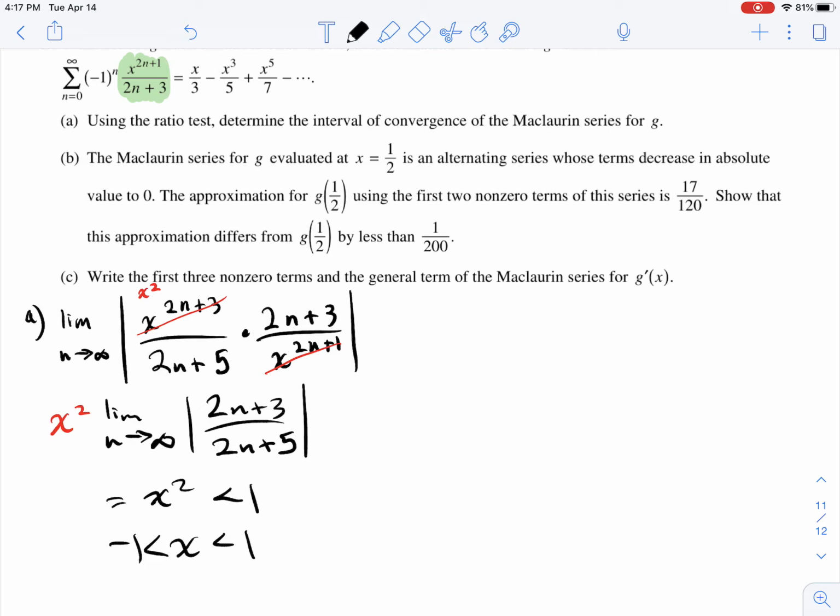Now, the next thing we need to do for our interval of convergence is to actually test the endpoints. So let's switch colors here so it's clear that we're working on different endpoints. So let x be equal to negative 1.